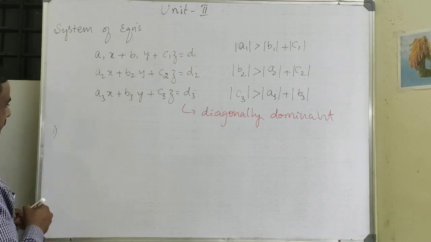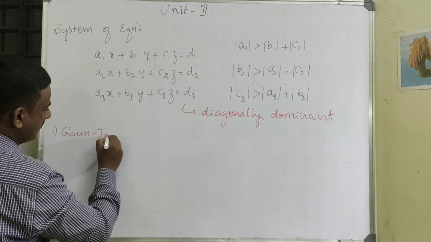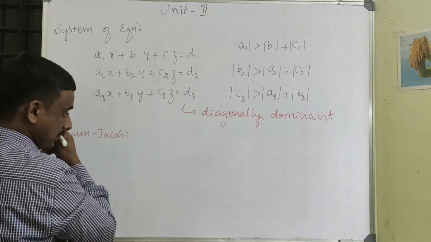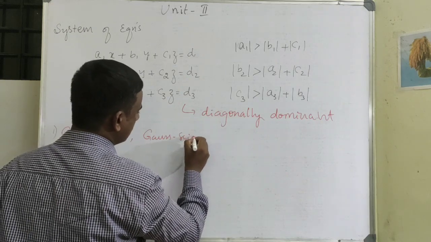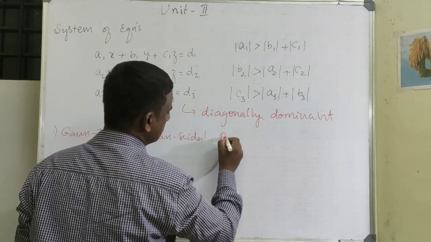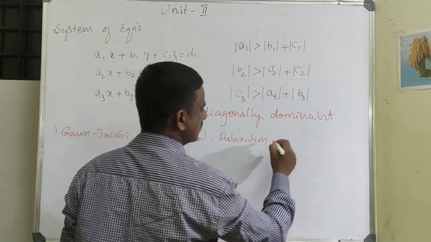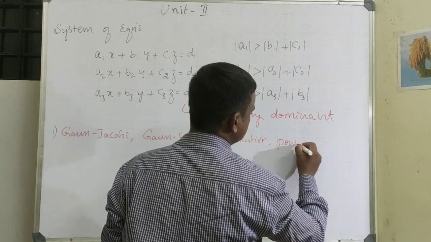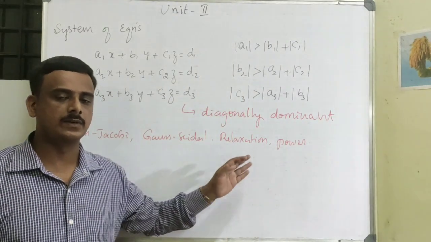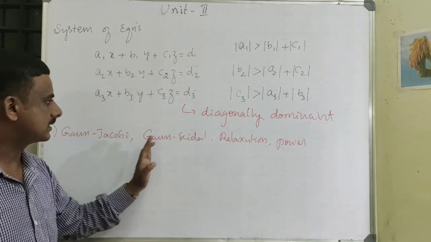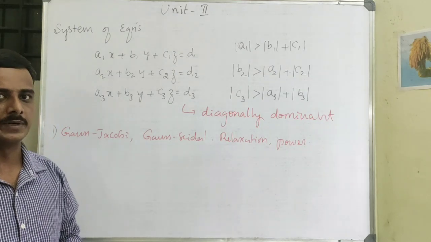First, the Gauss-Jacobi method, the Gauss-Seidel method, the relaxation method, and the last one, the Rayleigh-Power method. The last method is about finding the largest eigenvalue and corresponding eigenvector, and these three are about finding the solution of system of linear equations.